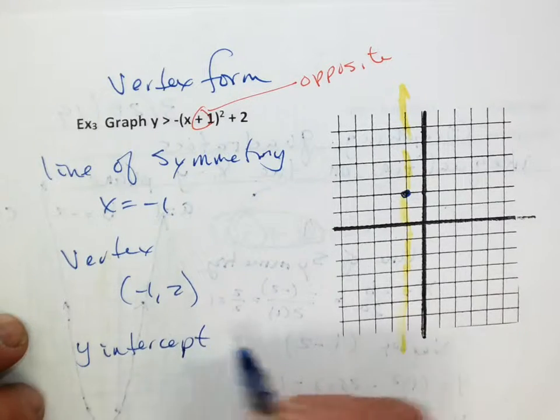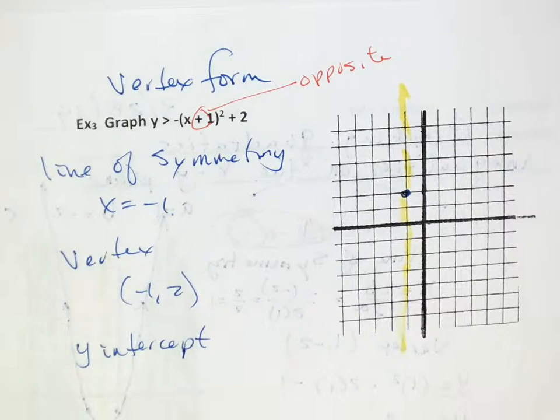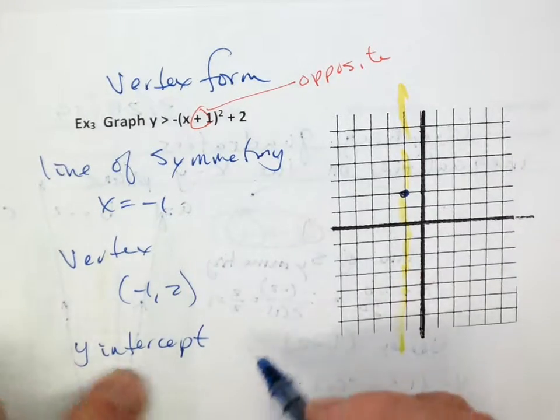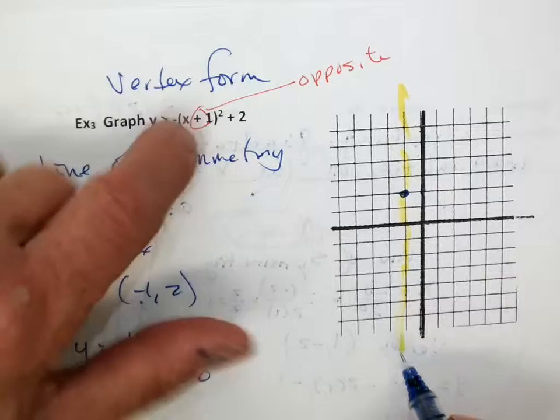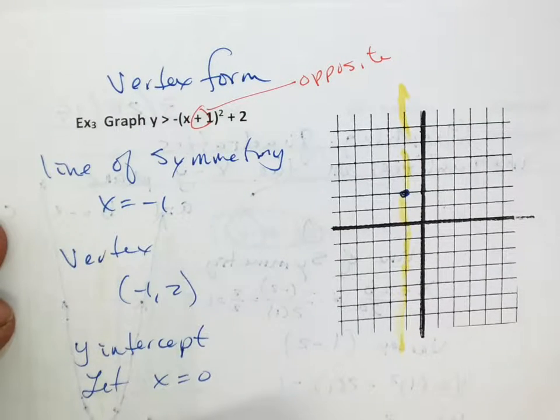Now, Derek actually said something that's going to help us. He wanted to know why the y-intercept is the way it is. So for the y-intercept, let x equal 0. If I let x equal 0, I'm going to have negative 0 plus 1, squared, plus 2.